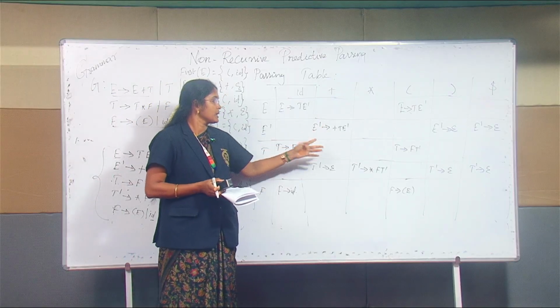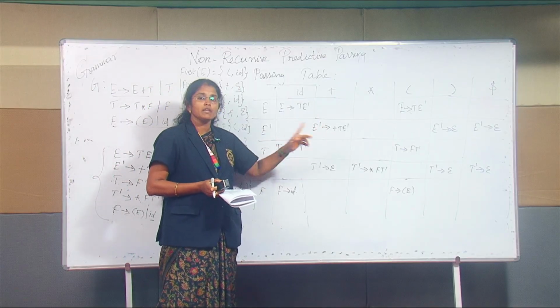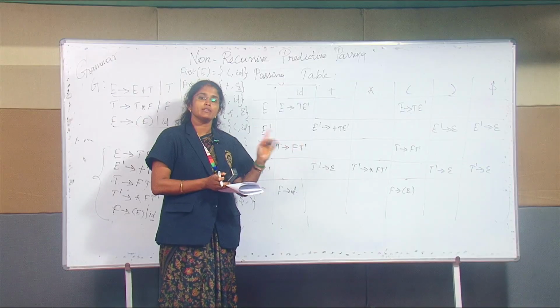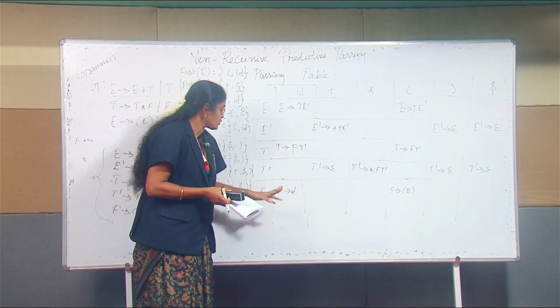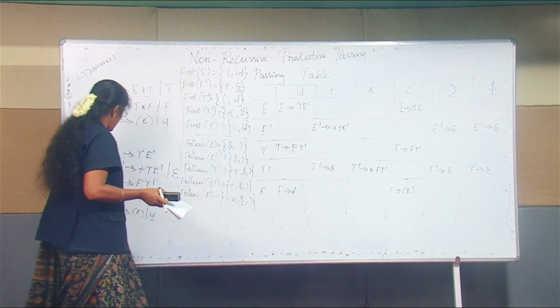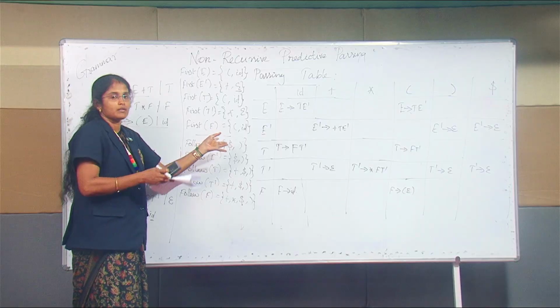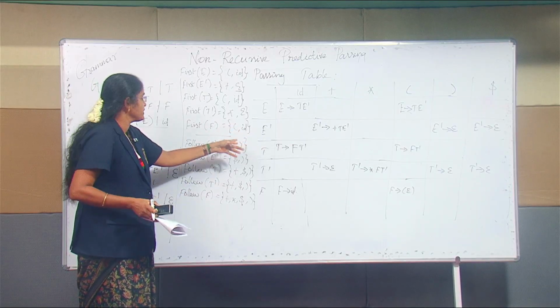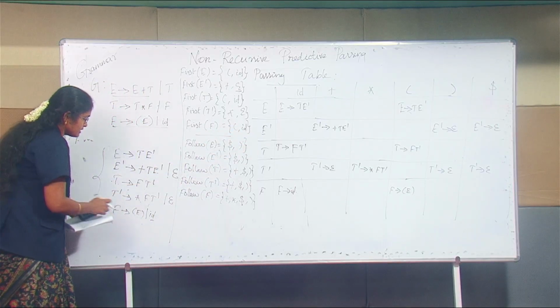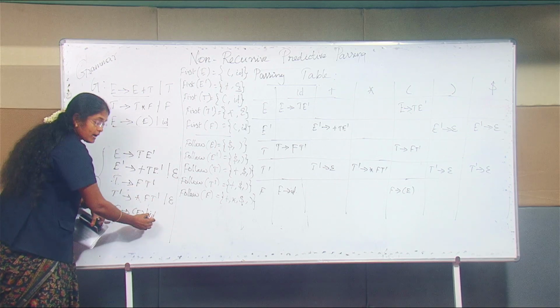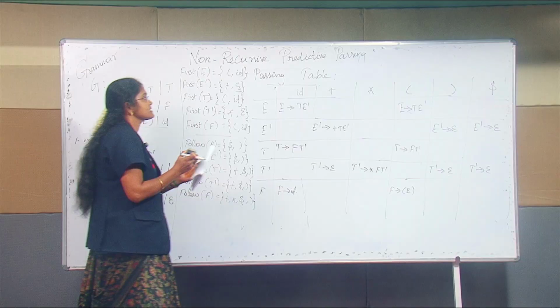The parsing table can have empty entries, but if it contains a production, it should be only one. For F we have two productions, but we write the concerned production for each column: for open bracket we write this one, and for the ID column we write F tends to ID. This is the parsing table.